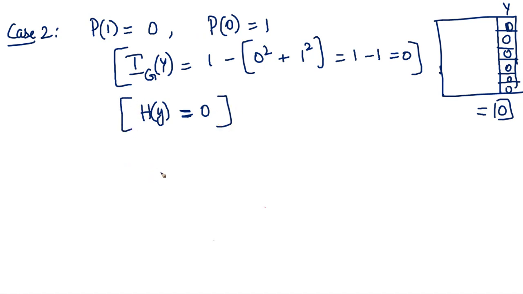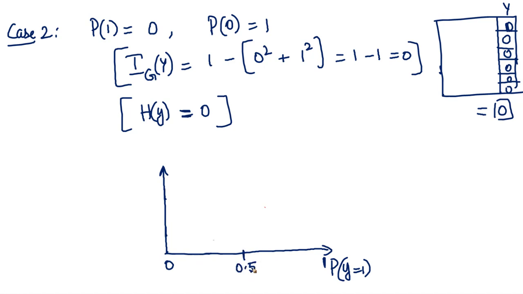If you try to construct a graph of how the Gini impurity would change as the probability changes, let's take the probability of Y equal to 1 for one of the categories. Let this probability change between 0 to 1. At the extreme here it is 0, at this extreme it is 1. When it is 0.5, it would become equiprobable, right? At this point both entropy as well as Gini impurity will reach the maximum value.